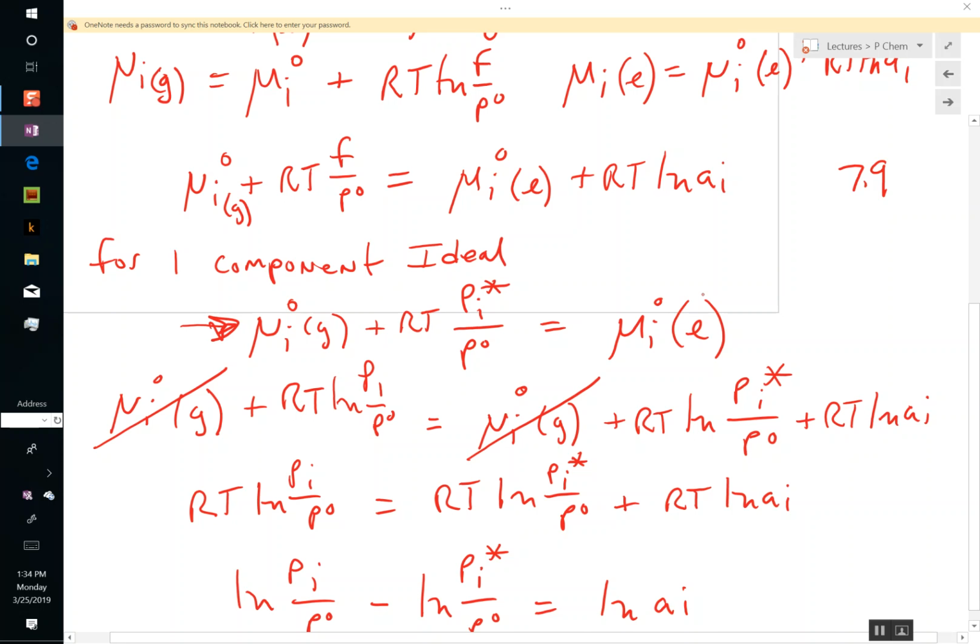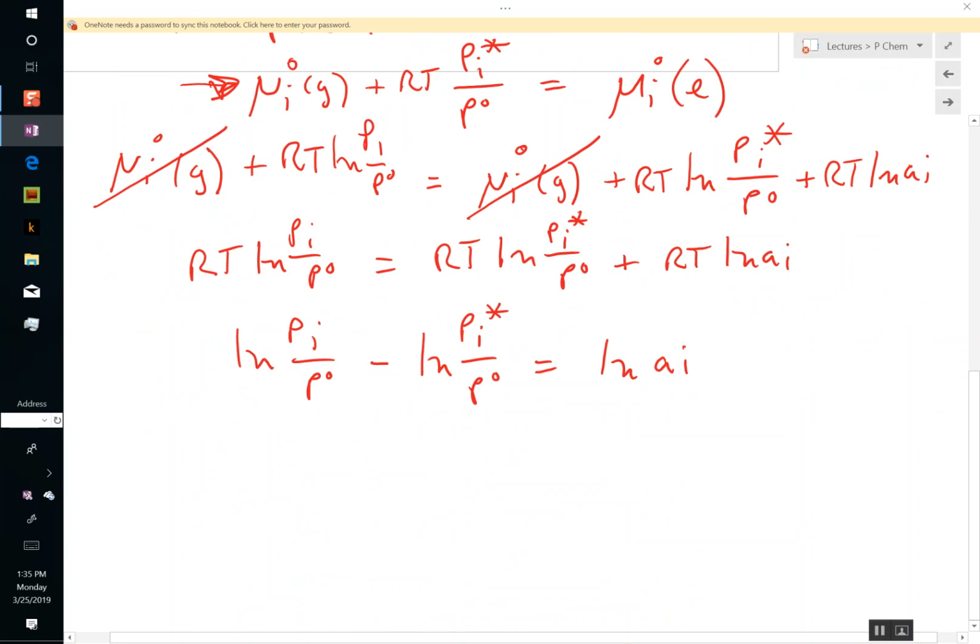So what I'm doing is substituting this for that. Okay, I see what you did. So we're going to substitute that into there for that. And that's where we get this long equation.